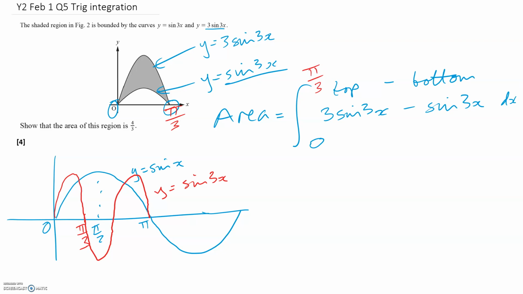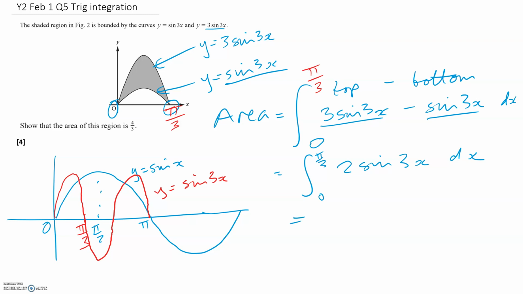So before we do the integration, let's simplify this. 0 to pi over 3, but 3 sine 3x minus 1 sine 3x is obviously 2 sine 3x. So we want to integrate that.